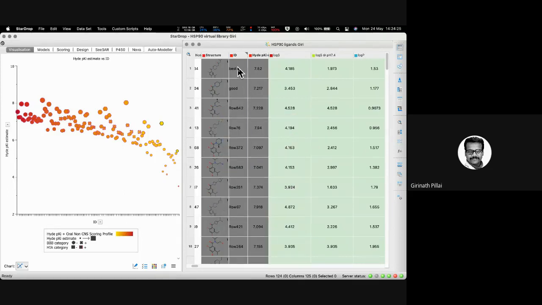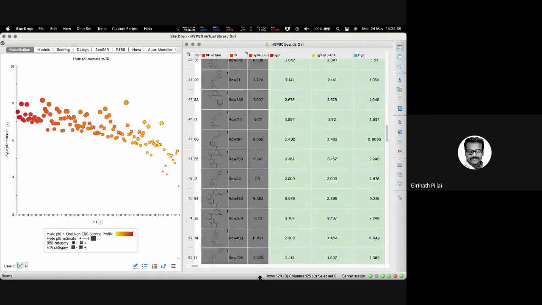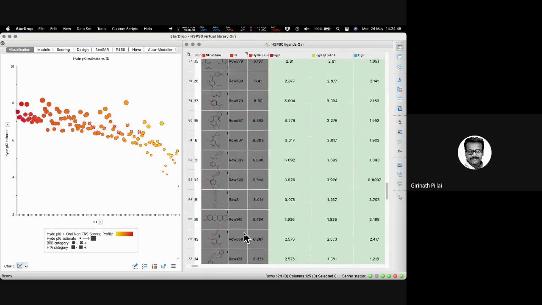Then we can give an ID, a name or some number for your structure, and its predicted biological activity data, that is pKi, which is being given. So I have around 124 compounds. At the bottom, you can see, as I already told you, a rule of thumb: all the rows represent the compounds, right? So I have 124 compounds, okay?